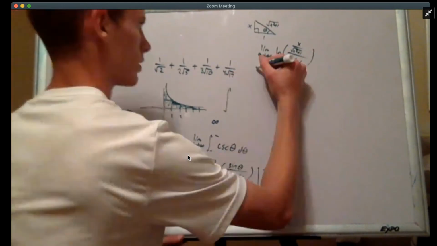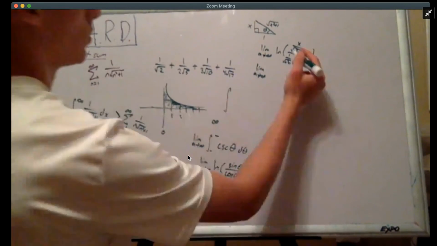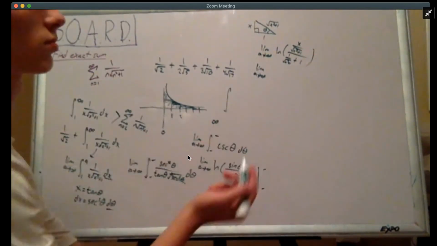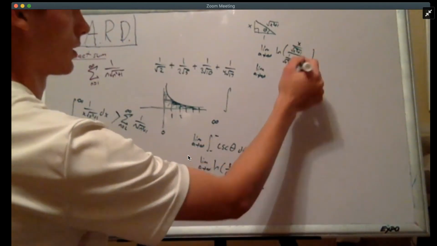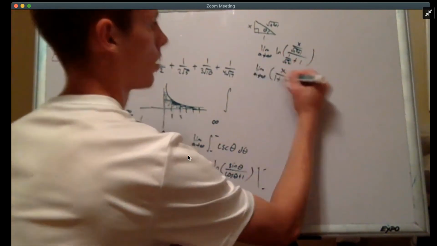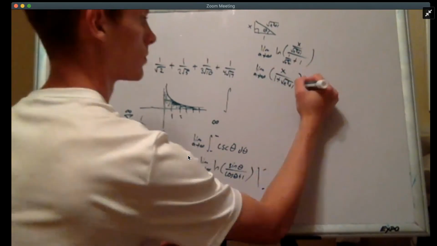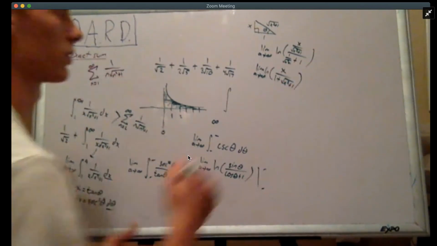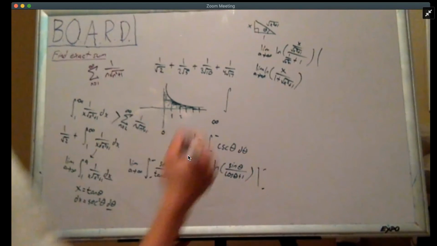This is going to simplify to, we can have this as x root x squared plus 1 over root x squared plus 1, and then that'll enable us to cross that out. So we have x over 1 plus the square root of x squared plus 1, and that is in the natural log. Sorry about that. And now we know the limits of integration, which is 1 to a.